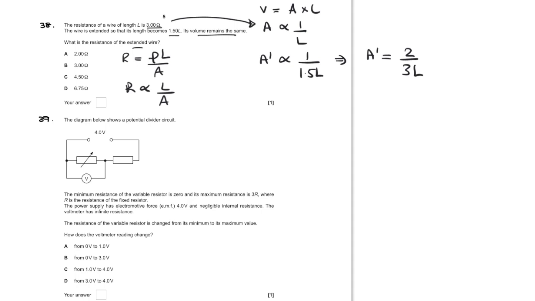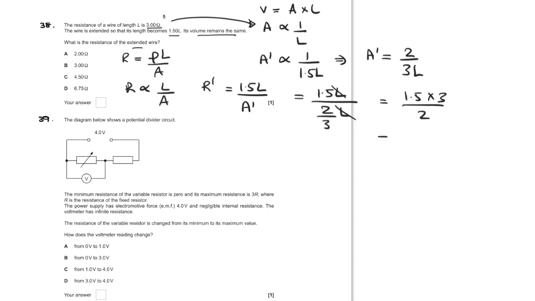Now the new R, which is R dash, is equal to 1.5 L over A dash, which is 2/3 of L. That gives simply 1.5 times 3, and L gets cancelled, over 2.